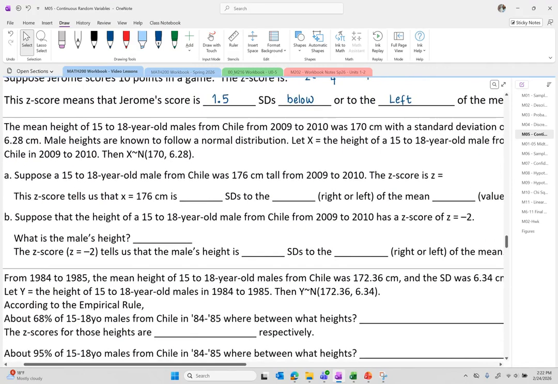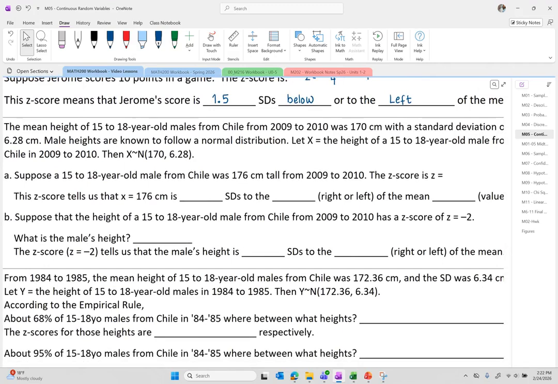First question, suppose that a 15 to 18-year-old male from Chile has a height of 176 centimeters, and they were also during the time frame of our study, which is 2009 to 2010.